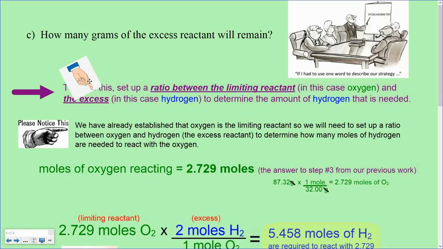So as a previous video showed, we want to set up a ratio between the limiting reactant and the excess. The amount of oxygen, which is our limiting reactant, that we have available is 2.729 moles. So if you take 87.32 grams, convert to moles, you get 2.729 moles of oxygen. That is how much oxygen we have available to react.